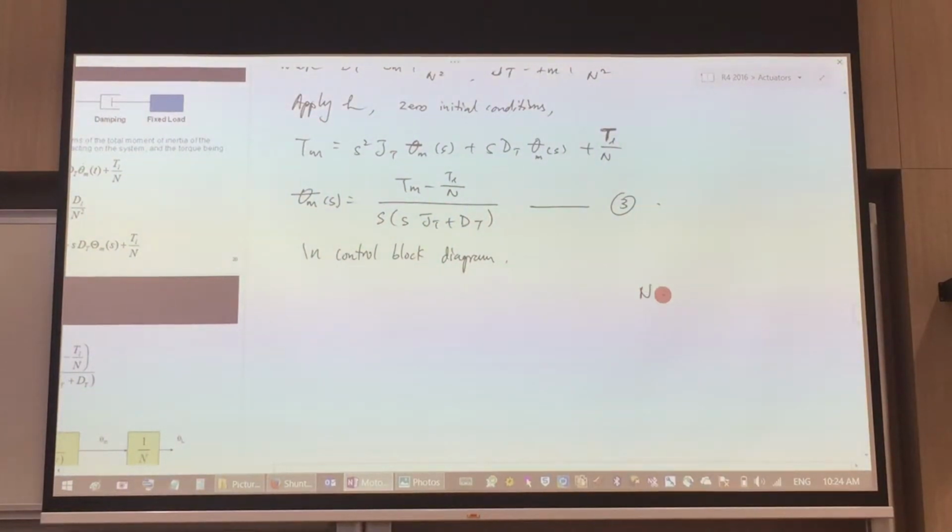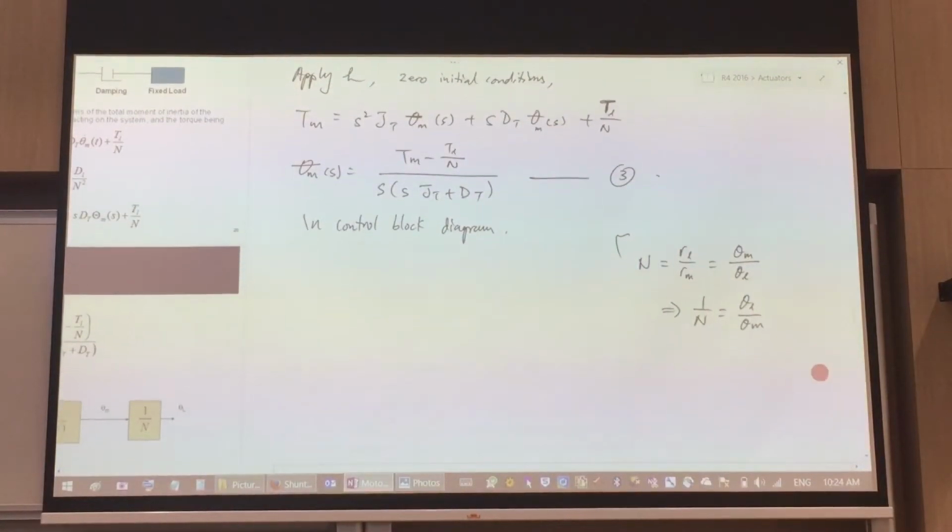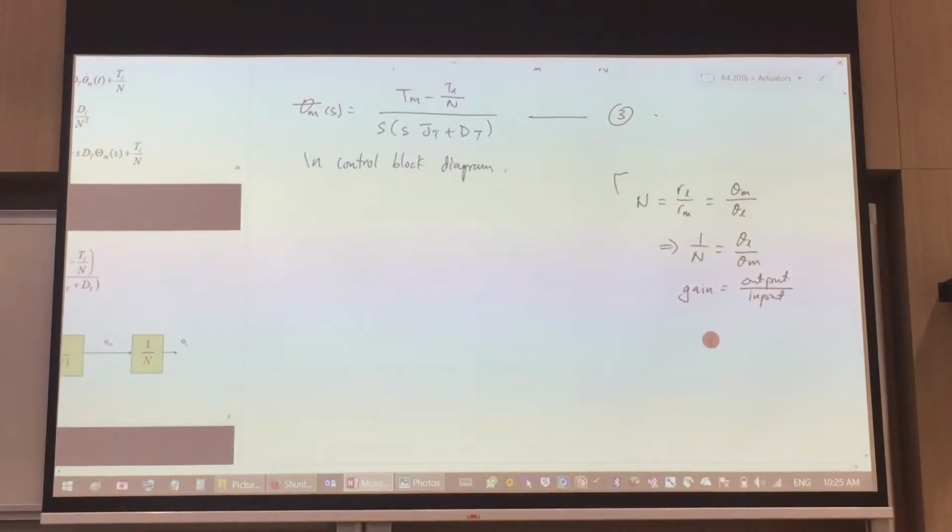So I know that n is equal to rL over rm. This is also equal to theta m over theta L. n is your gear ratio. So that means 1 over n is equal to theta L over theta m. Just a sideline, what that means is this is gain equal to output divided by input.